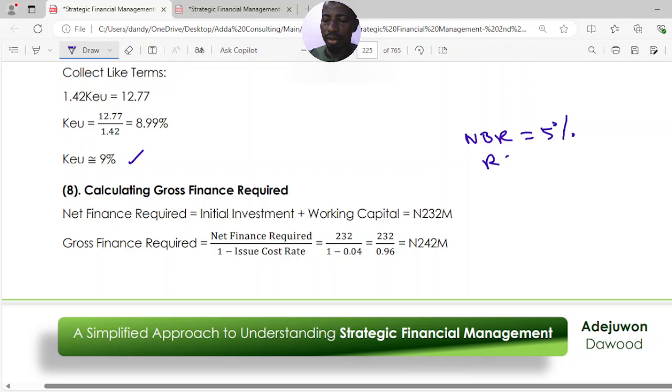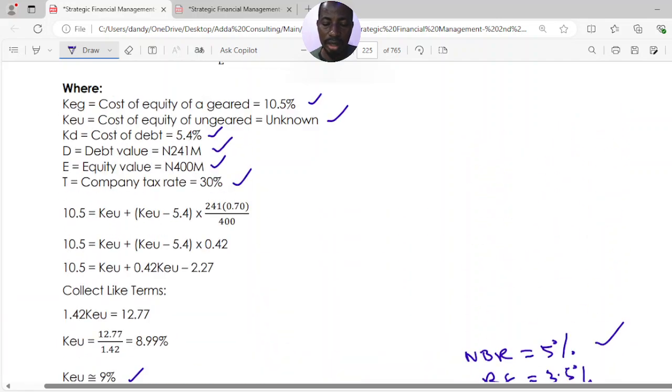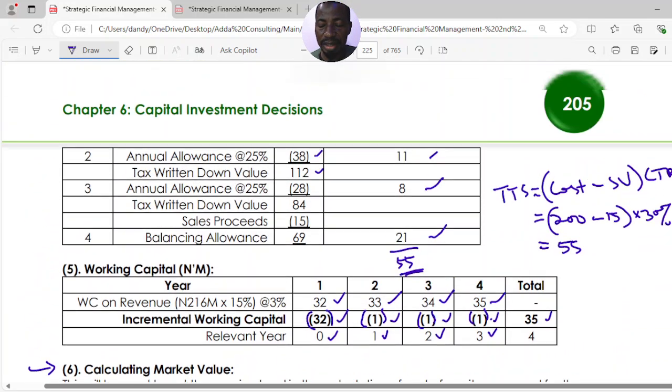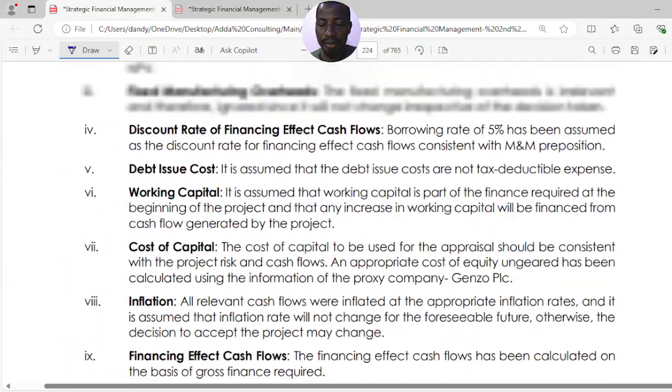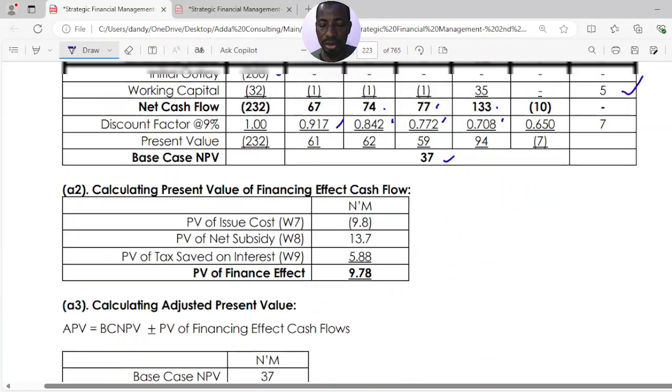The risk-free rate of return is equal to 3.5%. So like I advise, always use the cost of borrowing. Also, you need to calculate the interest rate on the subsidized loan. You have been told it is 100 basis points below the risk-free rate of return.